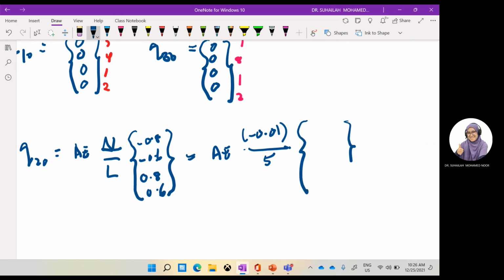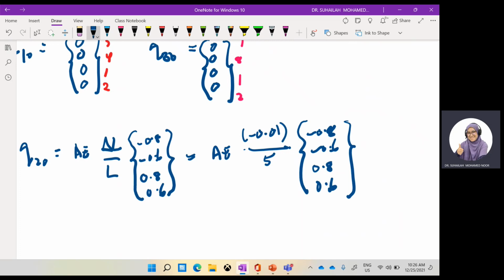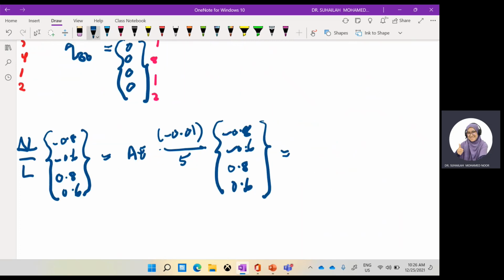Negative 0.8, negative 0.6, 0.8, 0.6. So this we get in terms of AE. In terms of AE, we get 0.01 divided by 5 times 0.8.